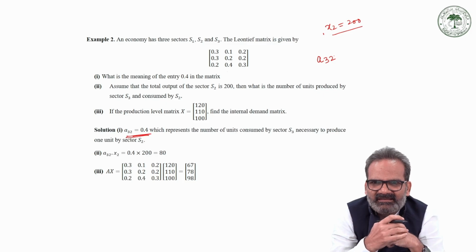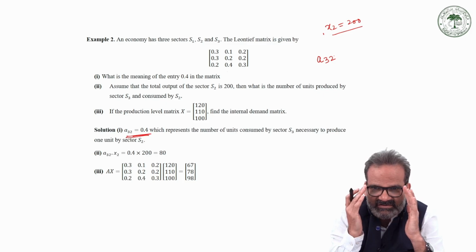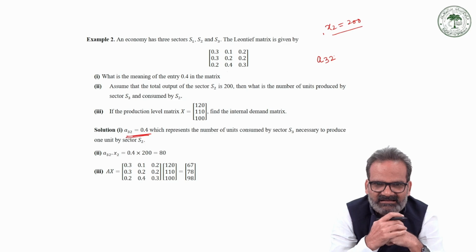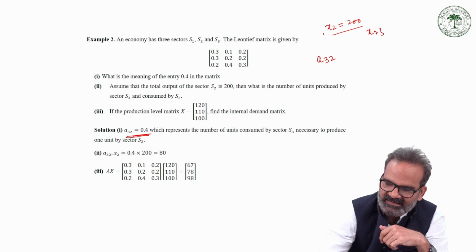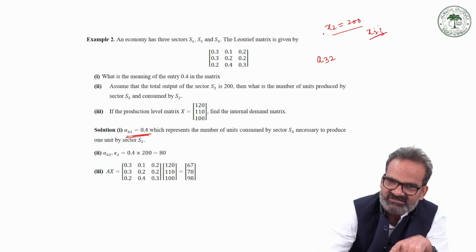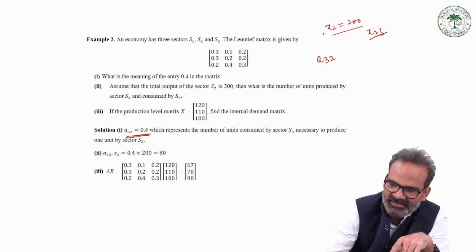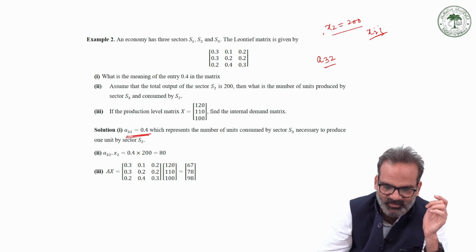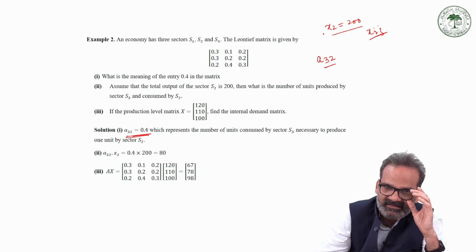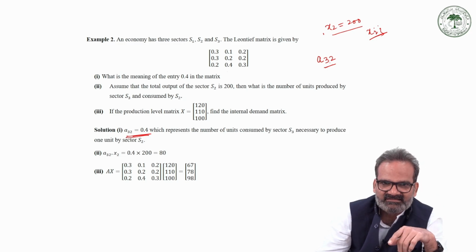Look at this, what I told you: Xij represents the output of the ith industry used as input in the jth industry. So A32 will represent the number of units produced by sector S3 and consumed by sector S2, right?